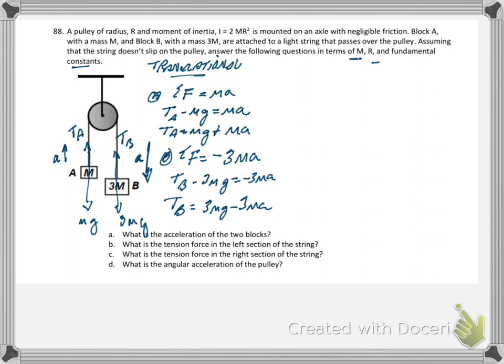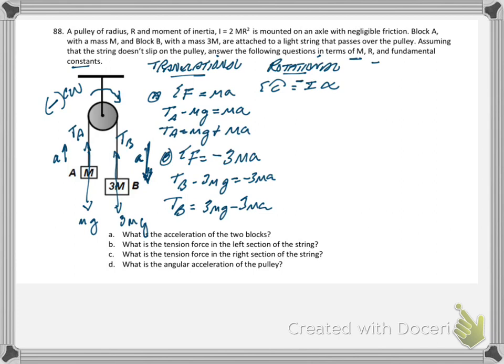All right, so let's do rotational now. Sigma tau equals moment of inertia times angular acceleration. And again, since the 3m mass is probably going to go downward, this pulley will rotate in this direction, which is clockwise, which by definition we are calling the negative direction.